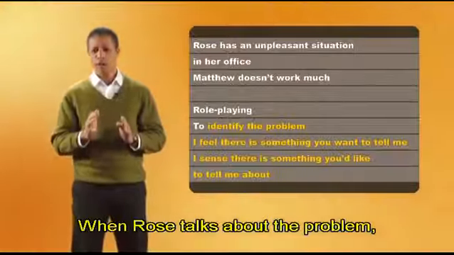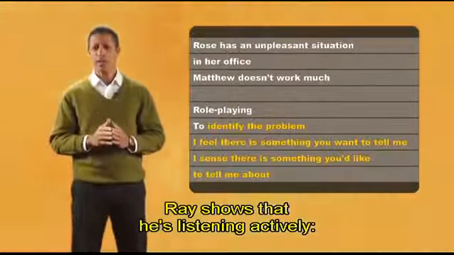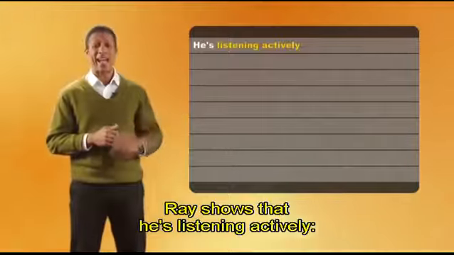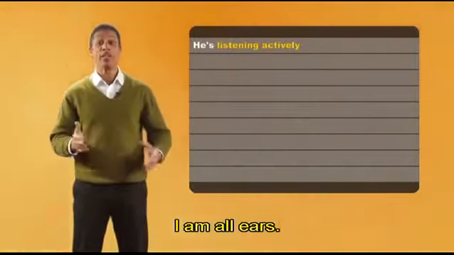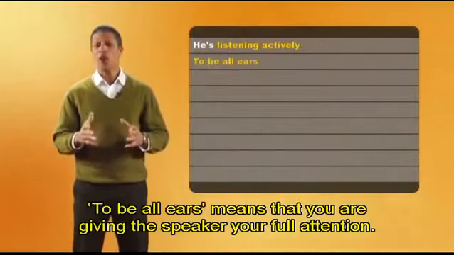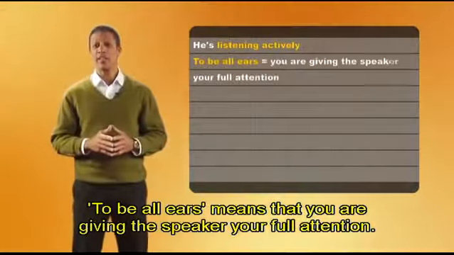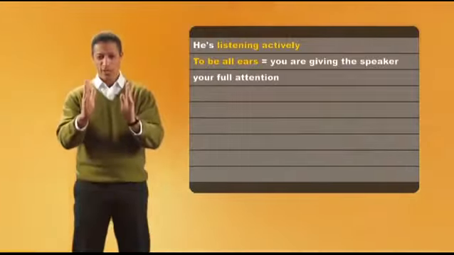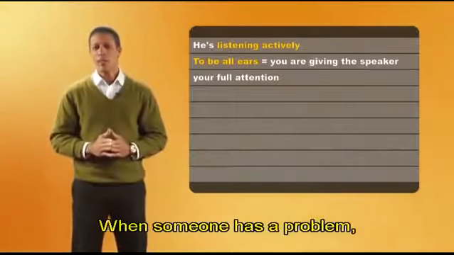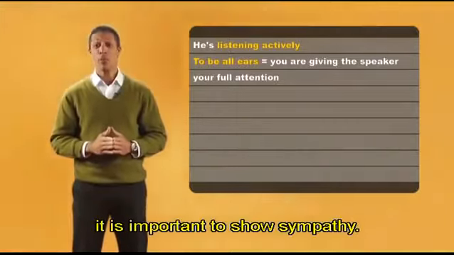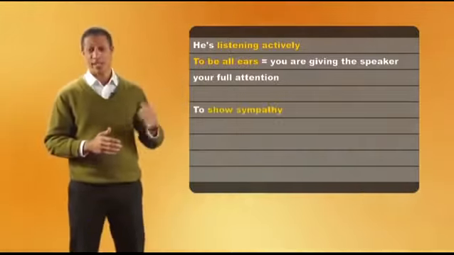When Rose talks about the problem, Ray shows that he is listening actively. I am all ears. To be all ears means that you are giving the speaker your full attention. When someone has a problem, it is important to show sympathy.